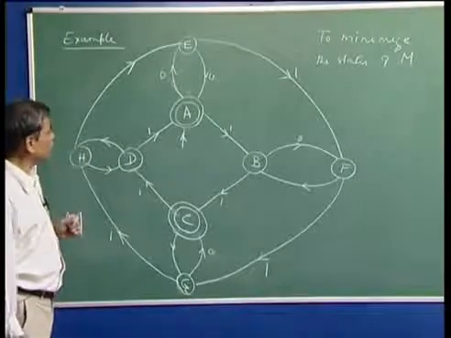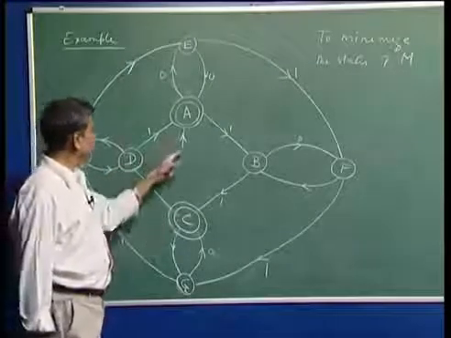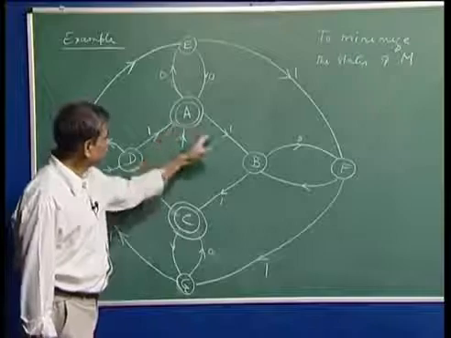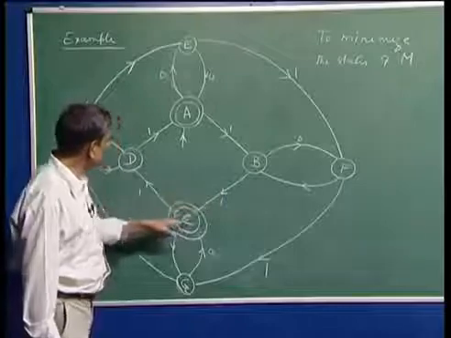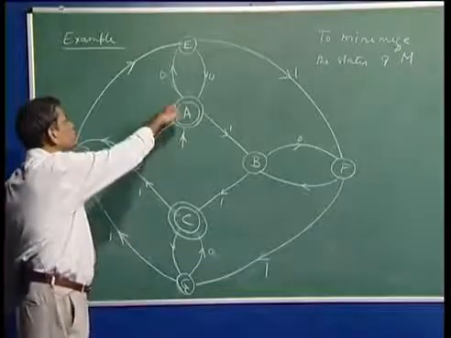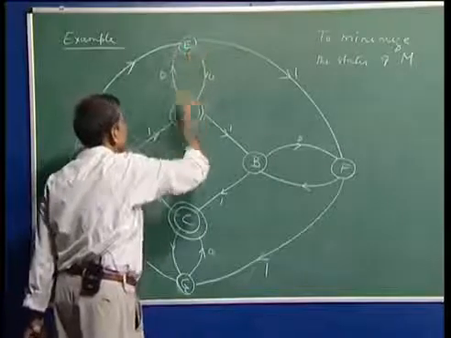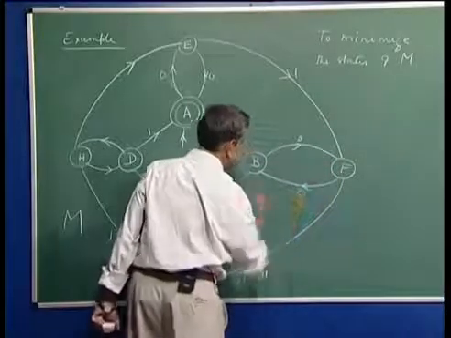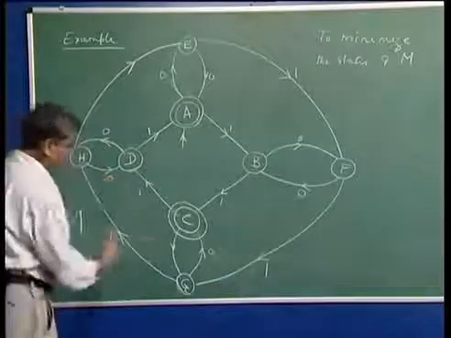Now, this looks complicated, but we can argue about what is the language accepted by this. First of all, notice that the initial state is this A, and then on 1 you go to B, from A on another 1 you will go to C and D and back to A. And on 0 from any such state you will go to another state and then come back, like here you go from B to F on 0, and from F on 0 you will come back, and so on.